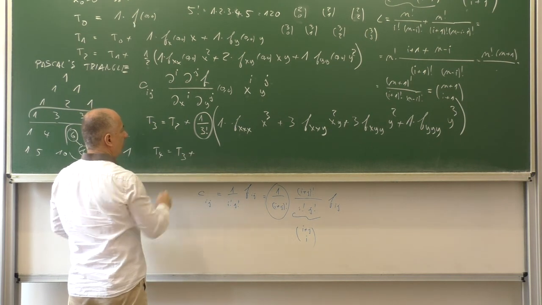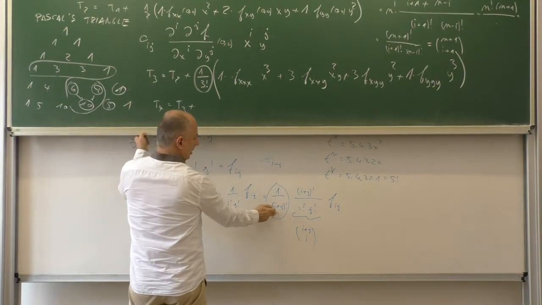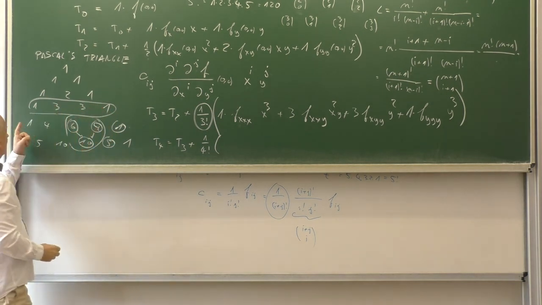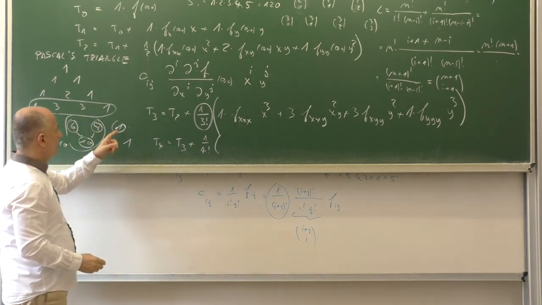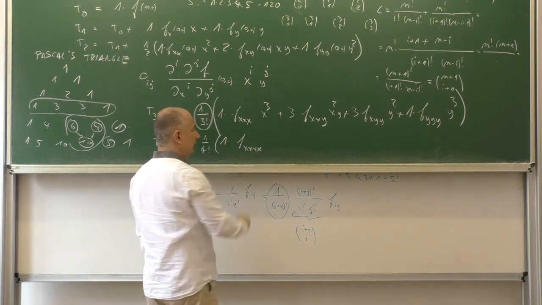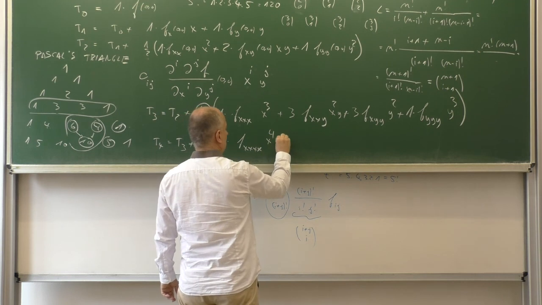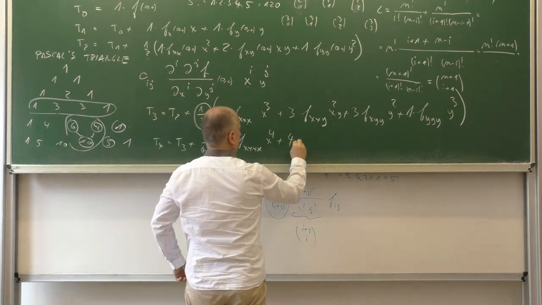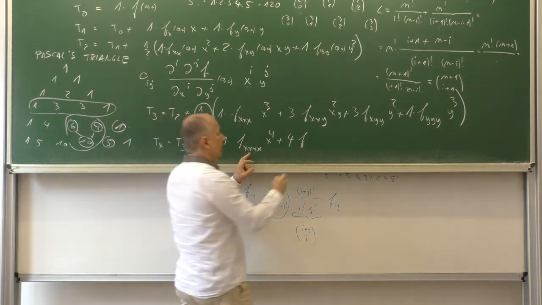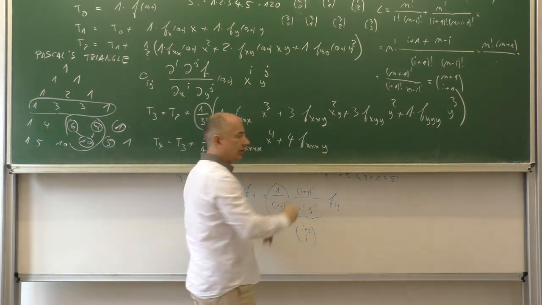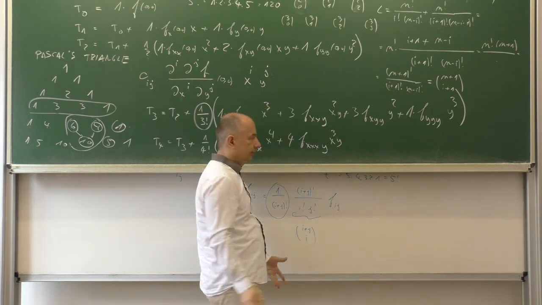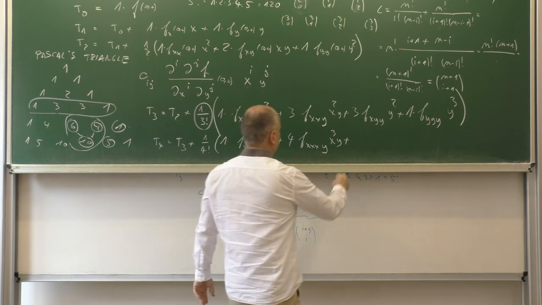It starts as T3 plus 1 over 4 factorial times, and the coefficients can be read in this line: 1, 4, 6, 4, 1. 1 times f differentiated 4 times with respect to x to 4, plus 4 times f, again 4 times differentiated, but this time 3 times with respect to x and once with respect to y, and multiplied by x cubed y.